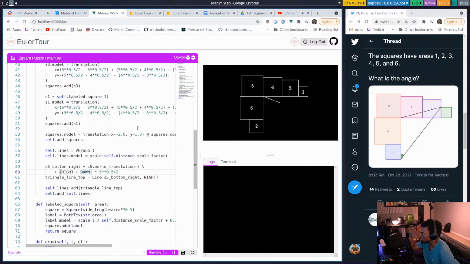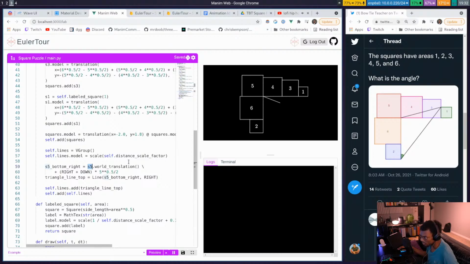Now I'm thinking about how the math works. The model matrix will bring from model space to world space. So I'd want to bring its origin into world space, and then I'd want to bring its bottom right corner into world space. And that's how I would do it.